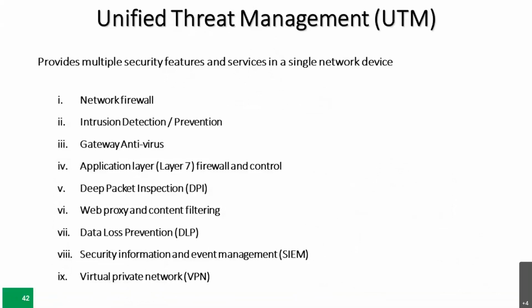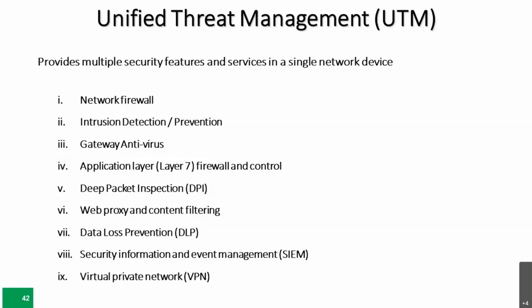Another device for perimeter level security is the UTM, Unified Threat Management. As I previously explained, the firewall and IPS are devices built only for a particular functionality.